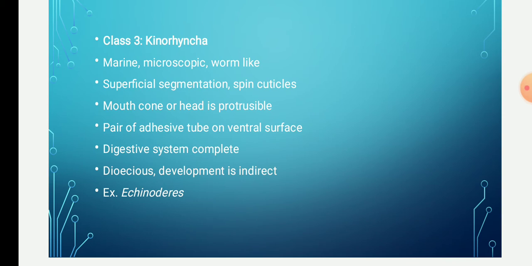Then the mouth is in the form of a cone and the head is protrusible, covered with scalids. A pair of adhesive tubes is present in the front part of the ventral surface, which helps in adhesion to the substratum or the organism. Then the muscular fibers are longitudinal.